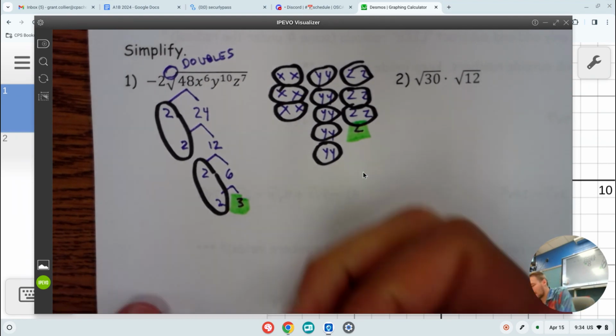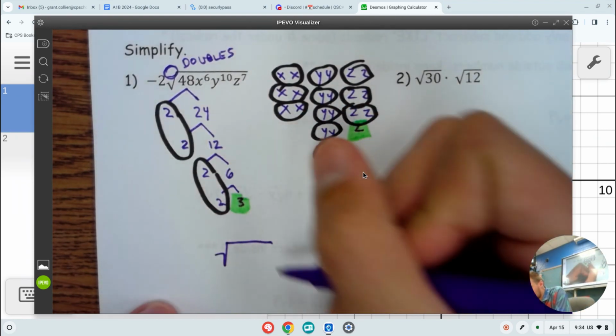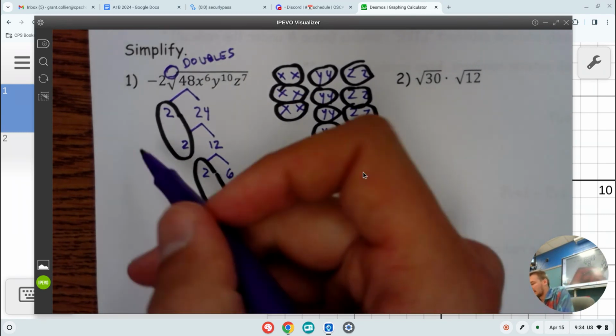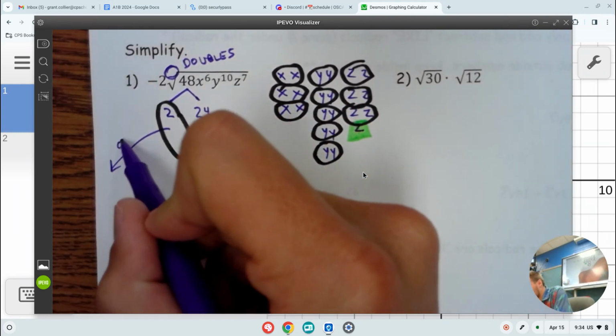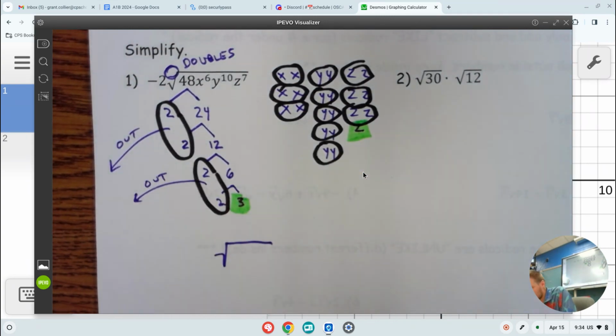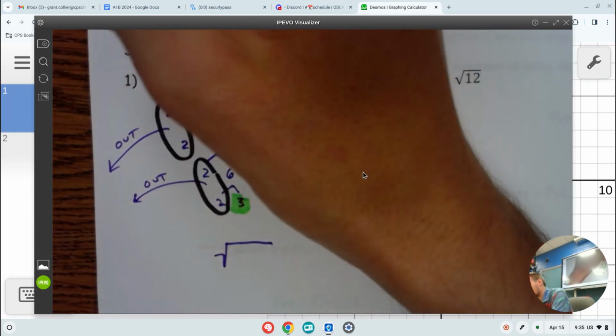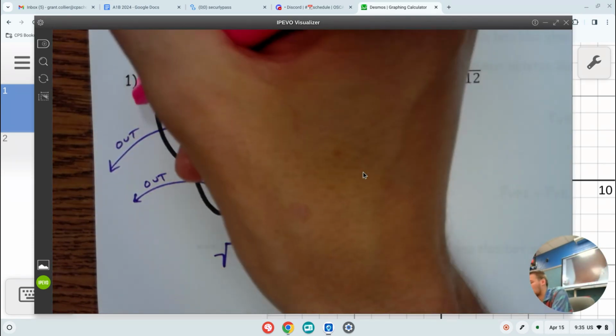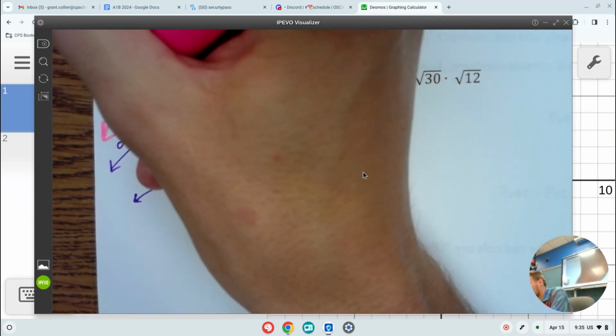So I'm going to go ahead and finish this with an answer where I'm going to bring all of the circles to the outside. That's going to be a 2 that comes out, and that's going to be another 2 that comes out. And don't forget that this question starts with a 2 that is already on the outside.